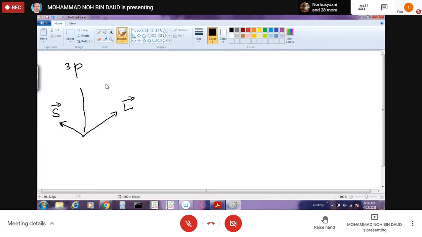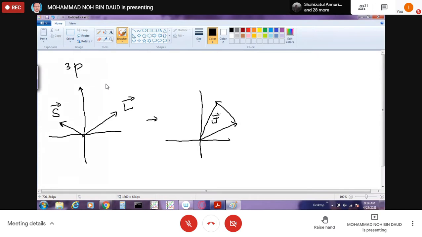We can draw the vector diagram something like this. Now we want to couple these two vectors to get this total angular momentum vector.